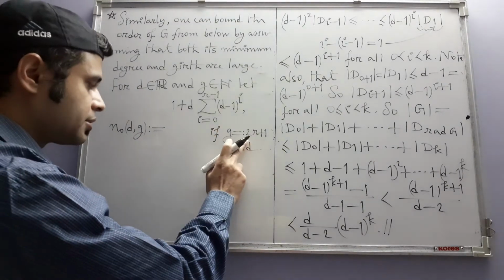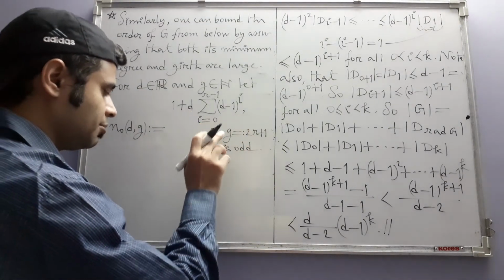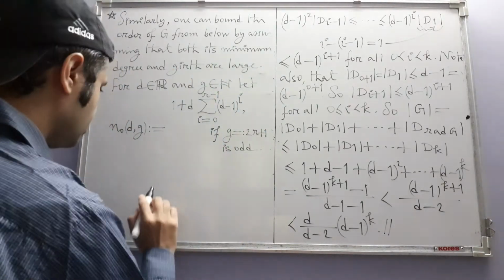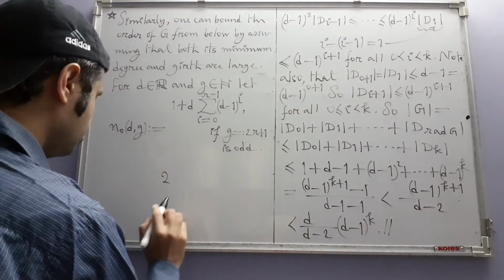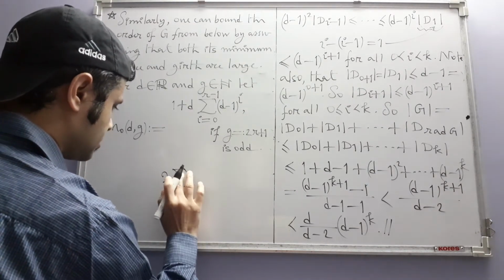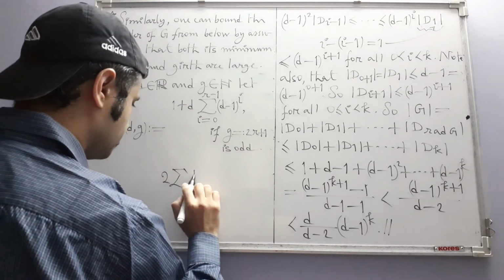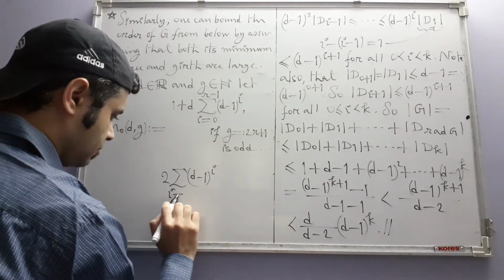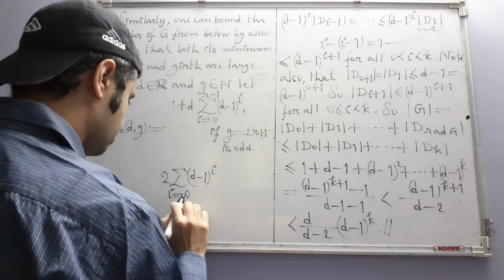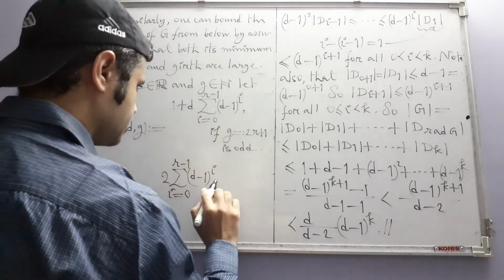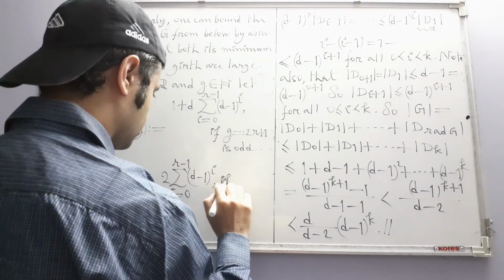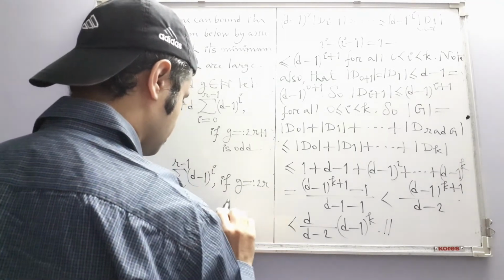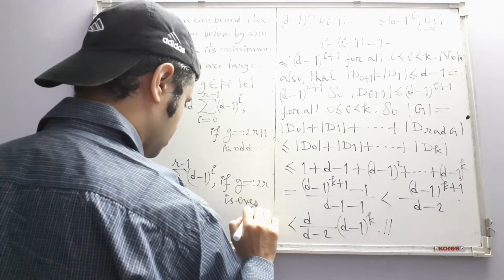If g turns out to be odd, then for that r we have this, and it is defined to be 2 times summation of again d minus 1 to the power i, where i is varying from 0 to r minus 1, if g is even.